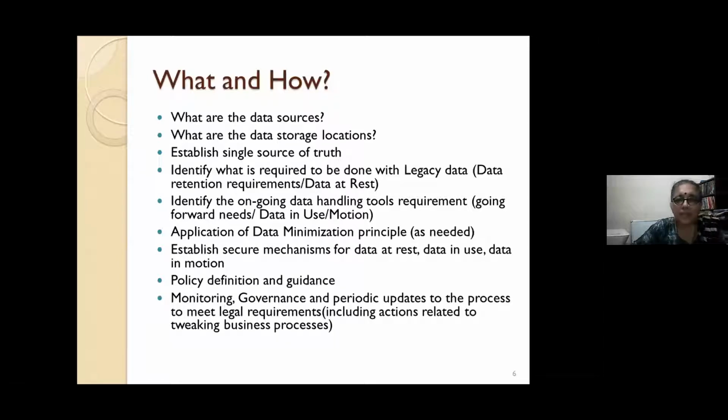So basically, the essence is you have to define the single source of truth in the organization. If you take an HR record of an employee, what is the basic record? Where is it stored within the HR department?